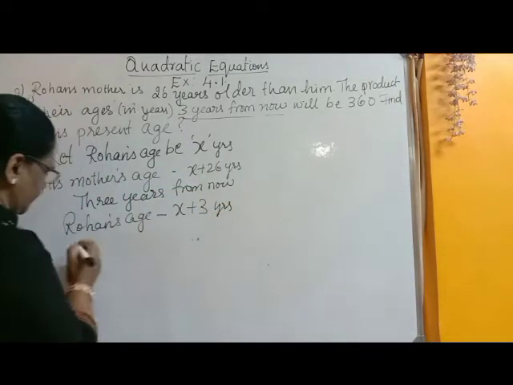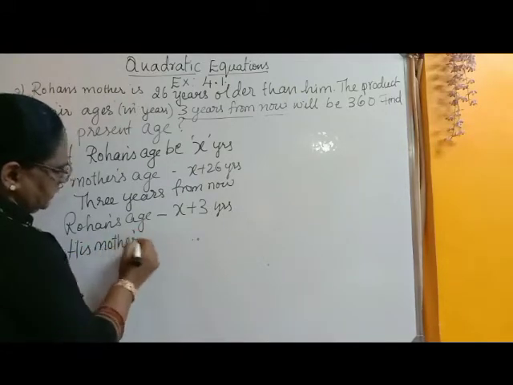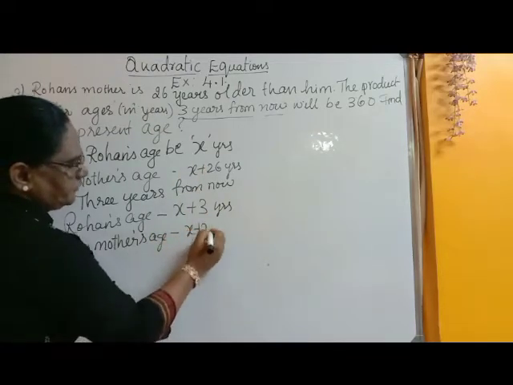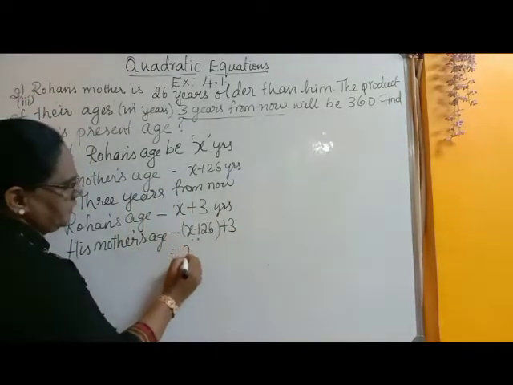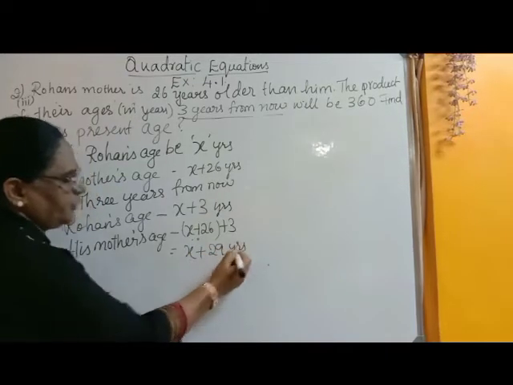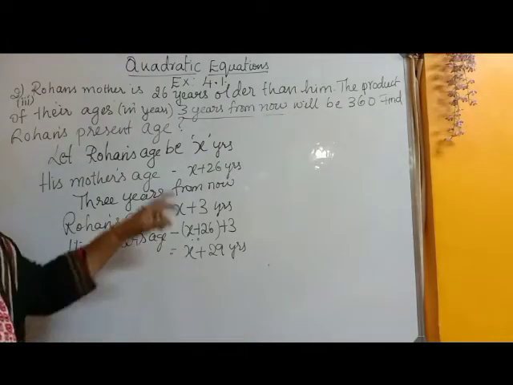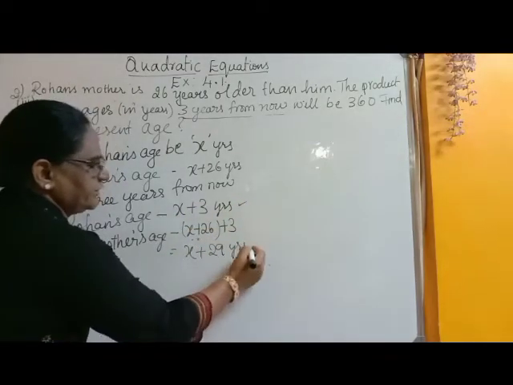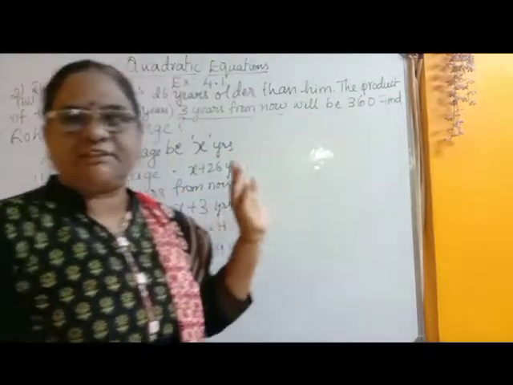His mother's age is x plus 26. Her age also will increase by 3 years, so x plus 26 plus 3, her age would be x plus 29 years. When you take the product of these two ages after 3 years, this is Rohan's age, this is his mother's age, that will be equal to 360.